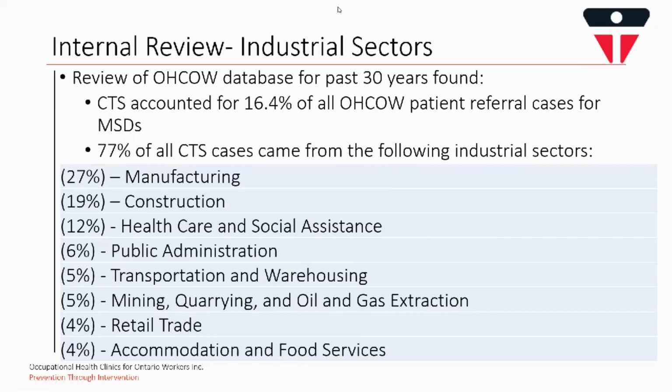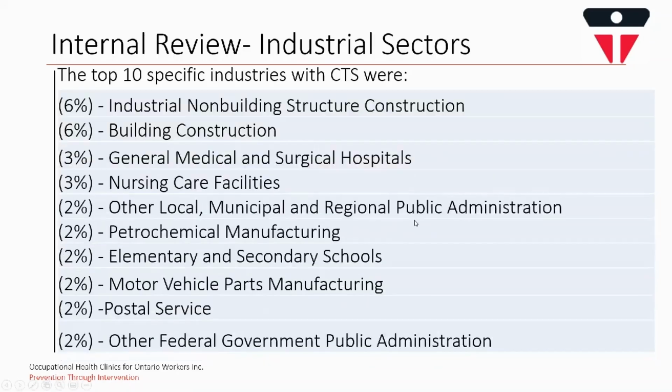The specific industries were industrial or non-building construction, building construction, general medical or surgical hospitals, nursing care facilities, municipal or regional public administration, petrochemical manufacturing, elementary and secondary schools, motor vehicle part manufacturing, postal service, and public administration.